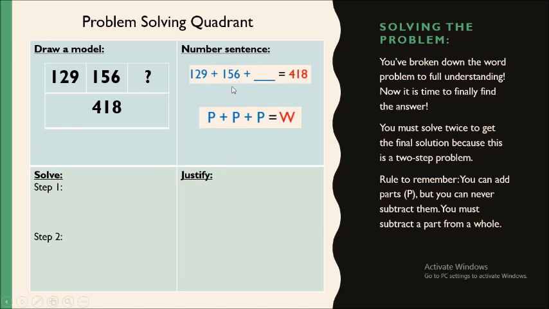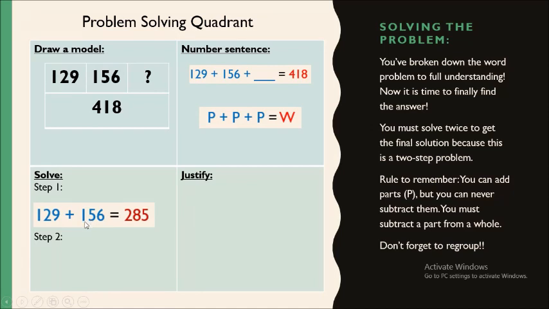So let's take a look at this number sentence. 129 plus 156 plus blank equals 418. We know that step 1 can be 129 plus 156. But don't forget to regroup. We're going to combine the first two parts. So we have 129 plus 156.